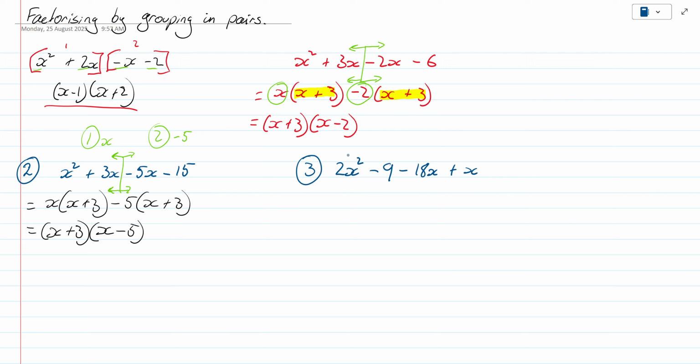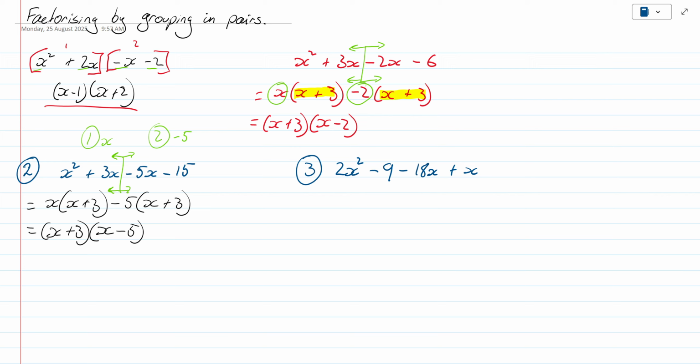Well, there's no common factor besides 1 between 2x squared and negative 9. And we should know from all of our experience in algebra that our constant term, in this case negative 9, should actually go to the back of the queue. And we should have our coefficients and our pronumerals in the middle of our expression, with our terms with powers at the front.